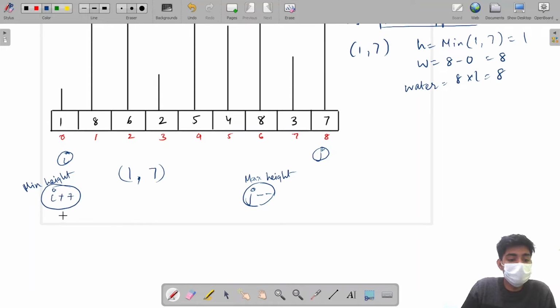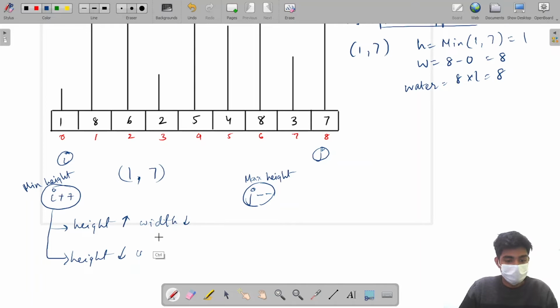Now we will check for i, right? There are two things that can happen if my i increases. Either my height is going to increase or my height is going to decrease, right? Either way, whether height increases or decreases, my width is going to decrease, because I'm reducing the range, right?